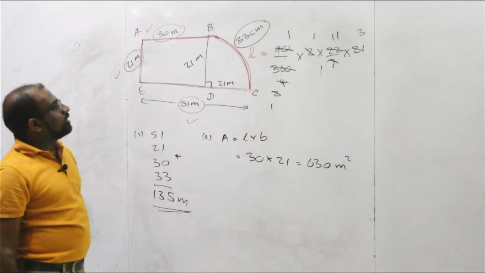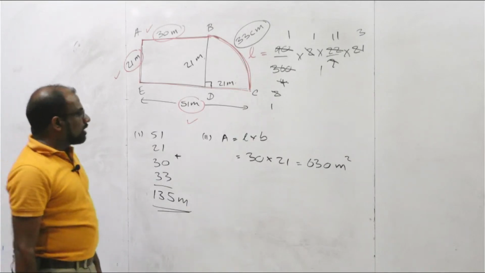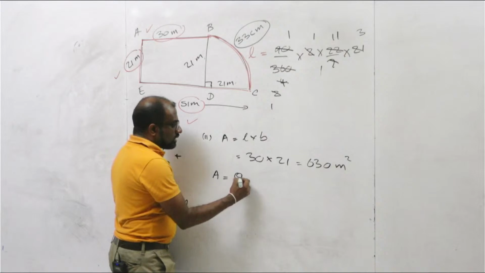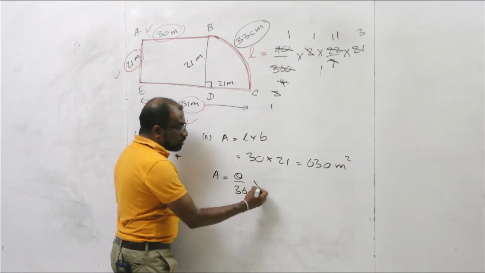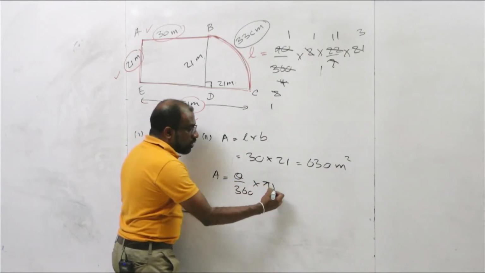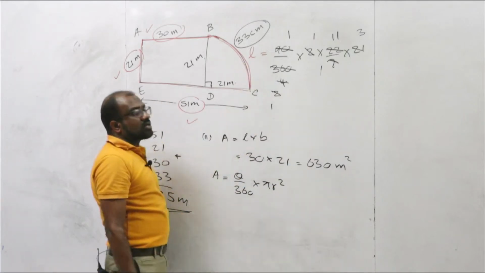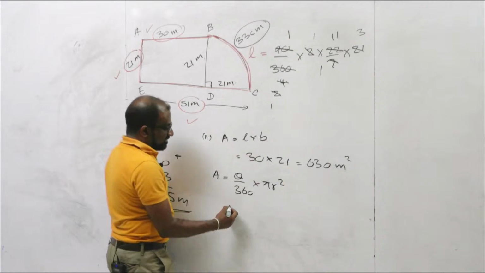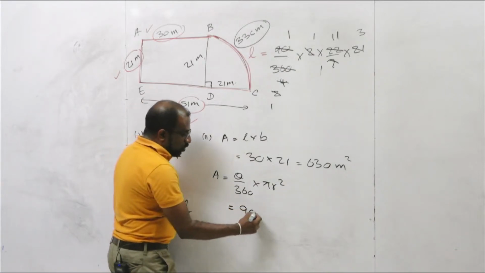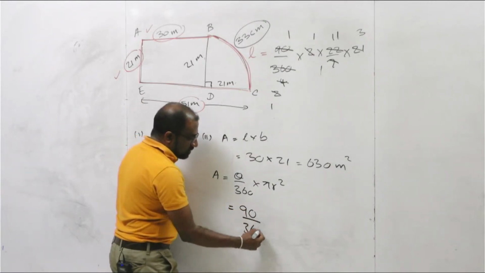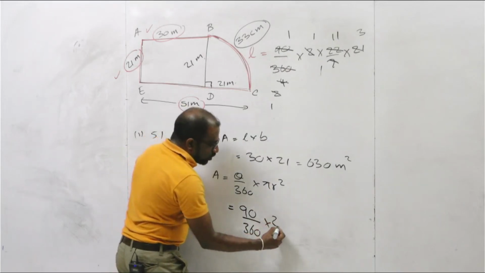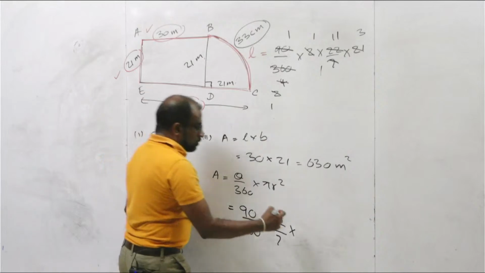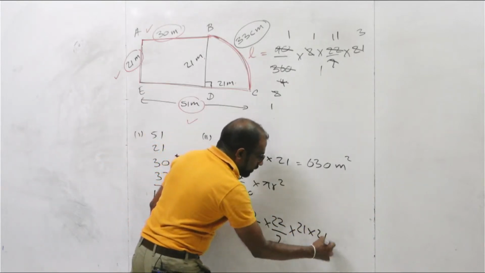Then the area of the pond. Yes, the area of a sector of a circle: theta over 360 into πr squared. 2πr is the circumference, πr squared is the area. 90 over 360, π is 22 over 7, radius 21 into 21.